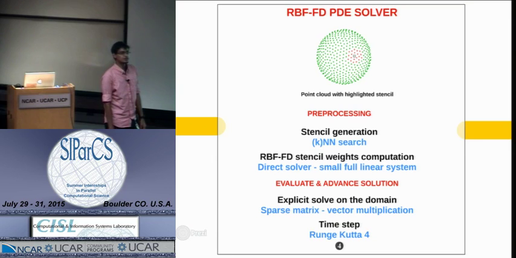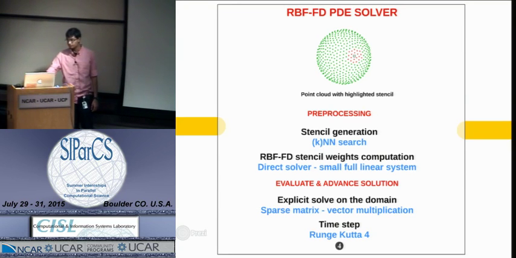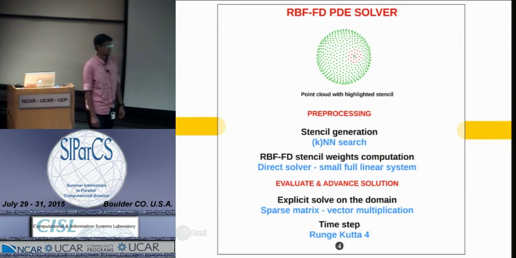Once that stage is done, we then solve for the solution, and if the PDE is time dependent, then we time step. In this problem, we use Runge-Kutta 4 for the time stepping. In the project, we focus on parallelizing the second stage, the solution. We parallelize this on GPUs, whereas we do the pre-processing on CPUs.